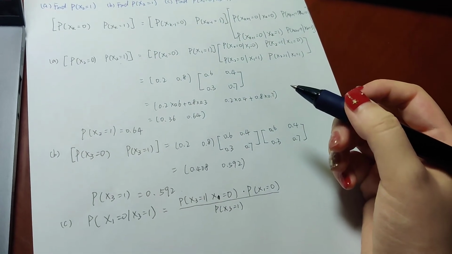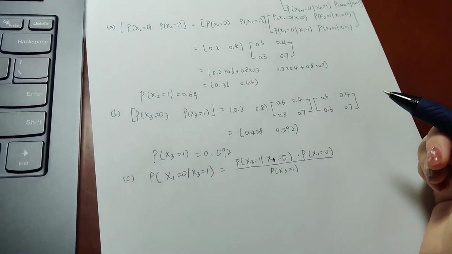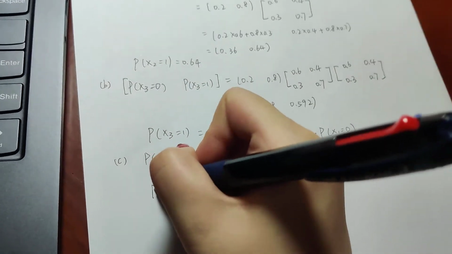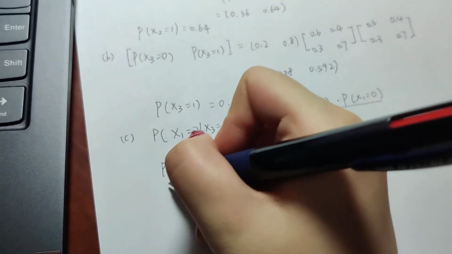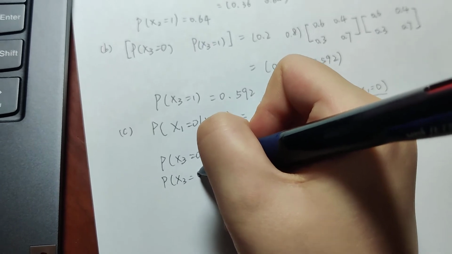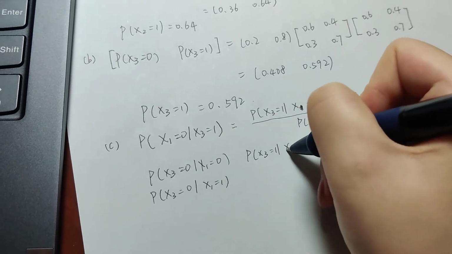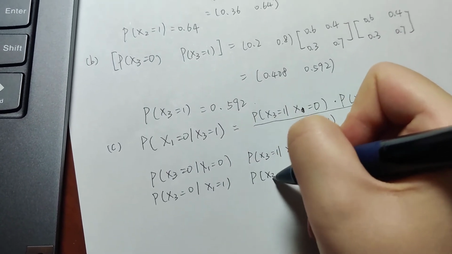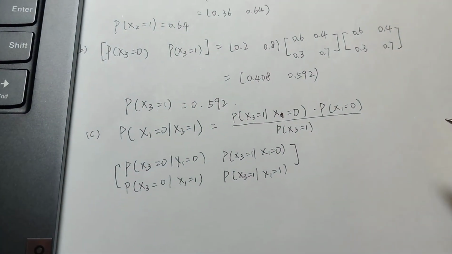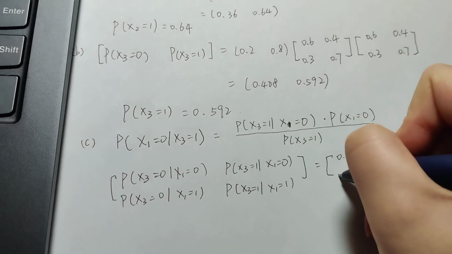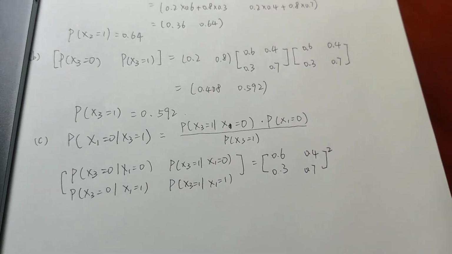So we just need to calculate this probability, and we know the matrix of this equals this, the matrix to 2.